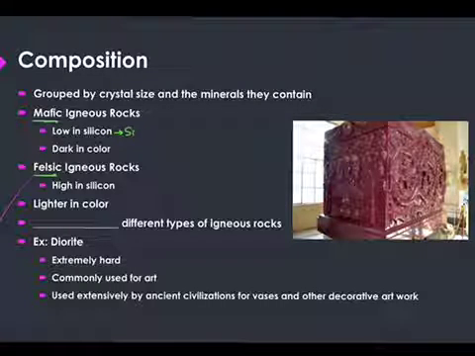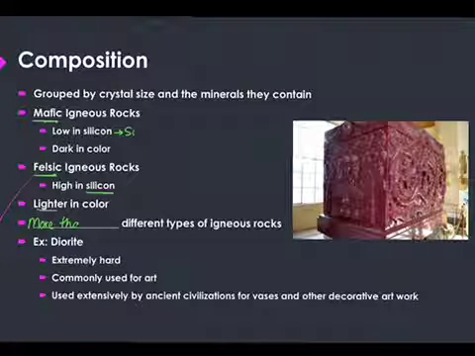And because they don't have much silicon, they are darker in color. Felsic igneous rocks have a lot of silicon in it, and it makes them lighter in color. So there's actually more than 700 different types of igneous rocks, and they're all used for different types of things.